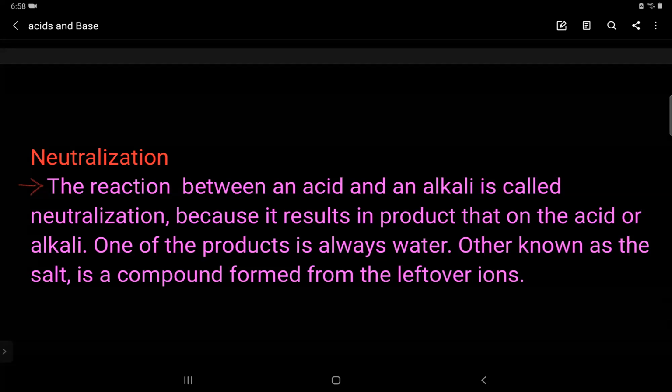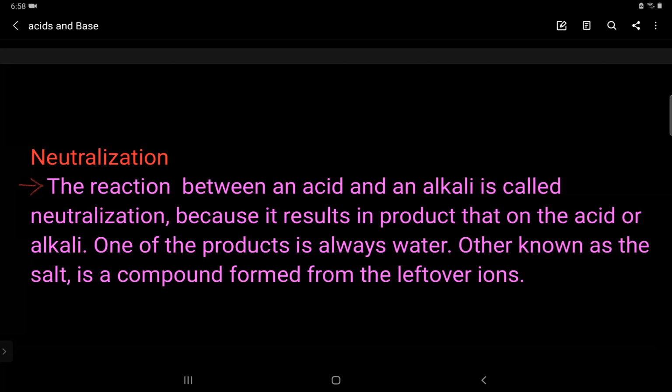I'm so sorry, here also a sentence is written wrong. But let me read that correctly so you can understand it correctly as well. So the sentence should be: neutralization, the reaction between an acid and an alkali is called neutralization because it results in products that are neither acid nor alkali.